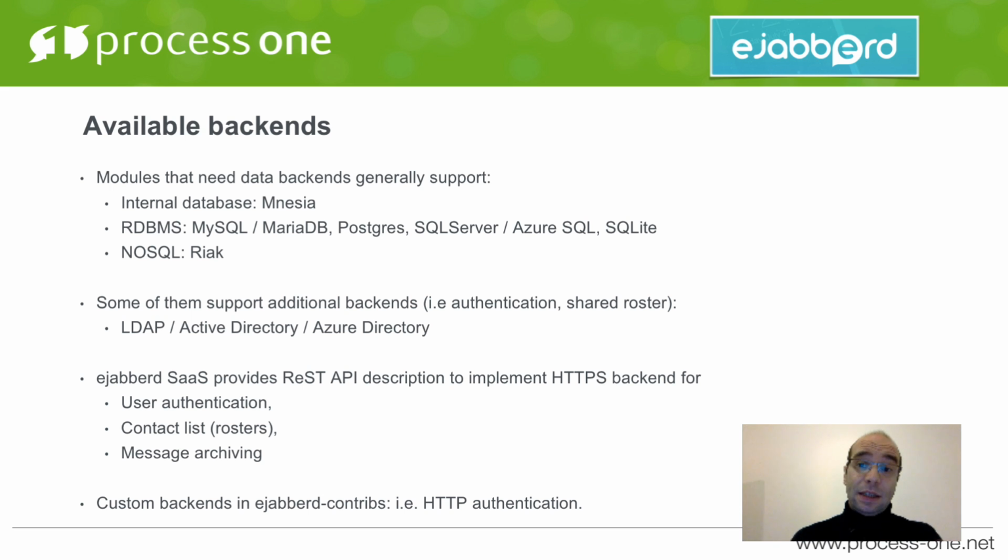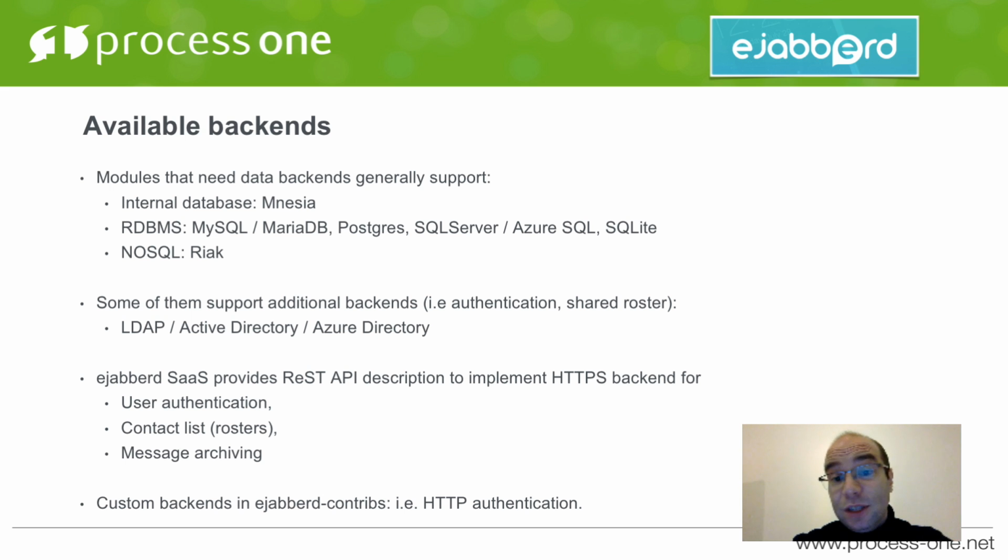For some other very specific modules, we try to support other backends. For example, for authentication, people expect to be able to connect to their corporate directories. So for authentication, we support LDAP, Active Directory or Azure Directory backends.